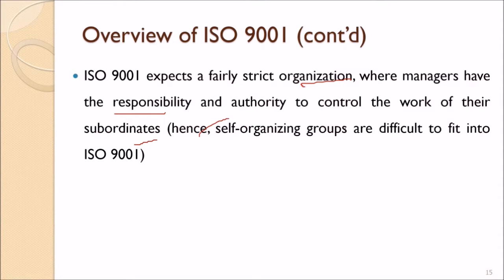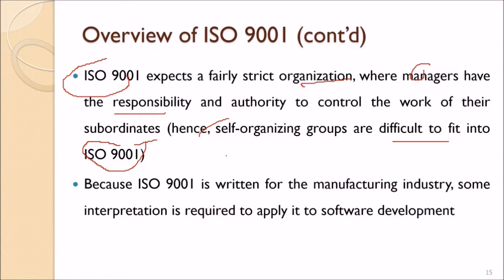Thereby, you have self-organizing groups. In this, it is very difficult to fit into ISO 9001 because this is the role and responsibility of the manager to put ISO 9001 in action for the organization.